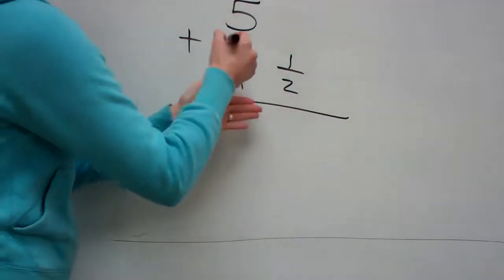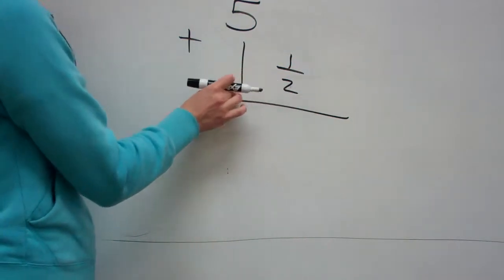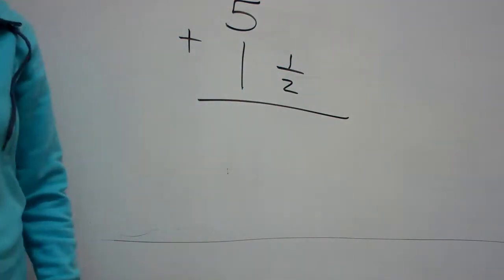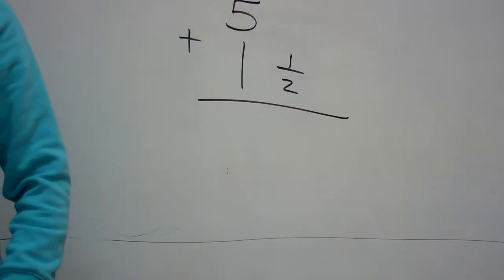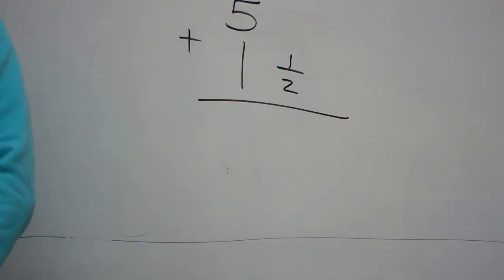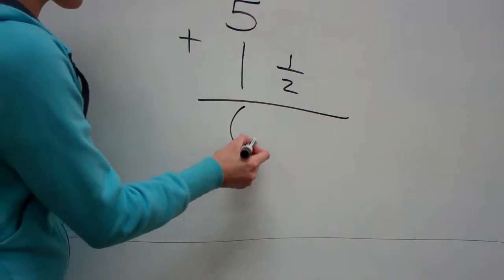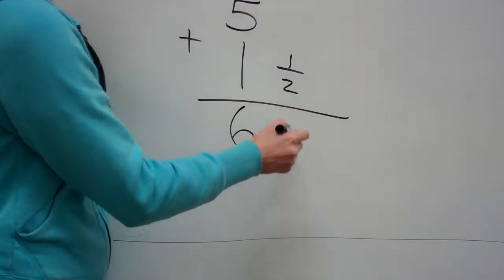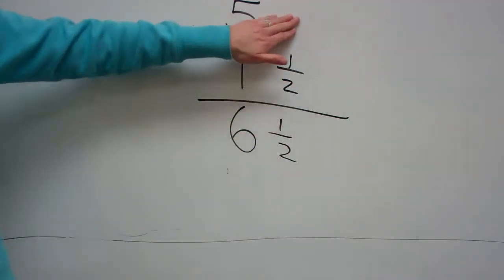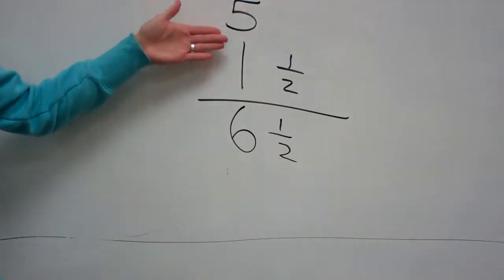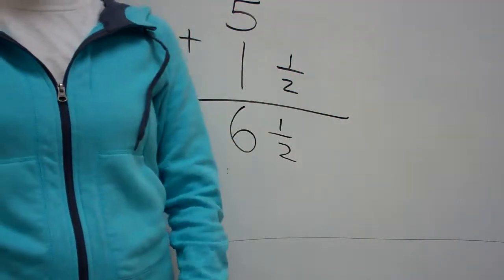Even though this is a mixed number, we're going to put the fraction on this side and the whole number on this side. Now what should I do? We're going to do 5 plus 1, which is 6, and then it'll just be 1/2. Very good. So the half is just there. There was nothing up here for us to add. So we just did 5 plus 1 is 6, and then we just have a half left over.